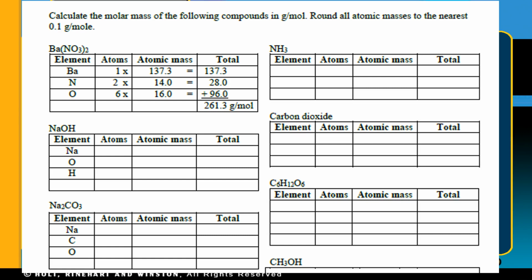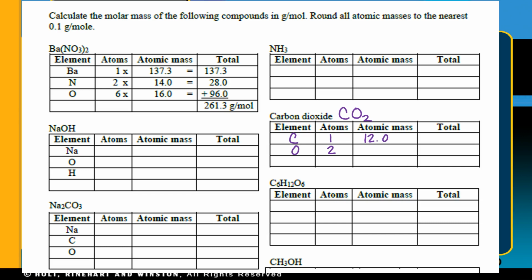Now notice here, I didn't give you the formula, I gave you a name. So what's the first thing that I have to do here? Carbon dioxide, I have to figure out what my formula is, right? So I'm going to go CO2. Now I know that I have 1 atom of carbon and 2 atoms of oxygen. I look up carbon off my periodic table. Carbon is 12.01, so at 1 decimal place it is 12.0.